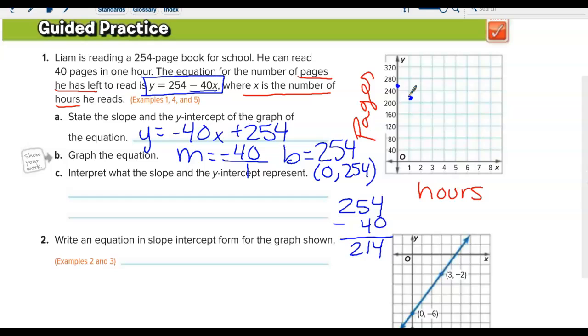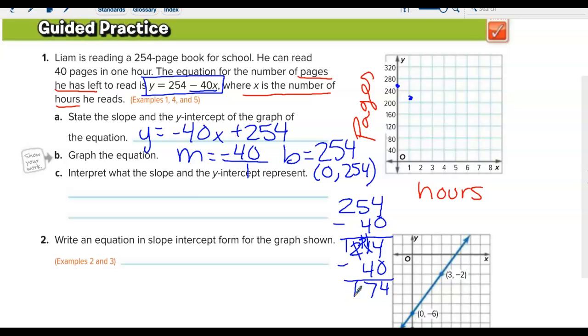Then you just go down. So I go down 40, and then I go over 1. Okay? I go down 40 from there. I get 174.